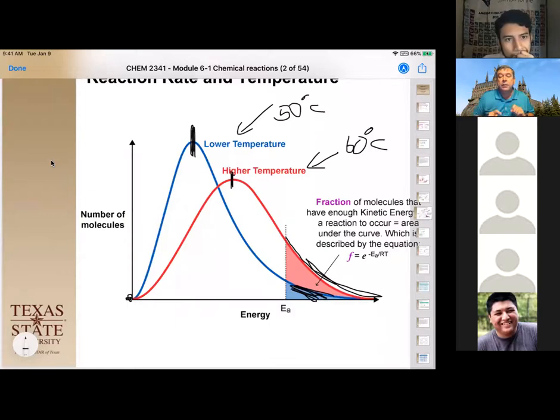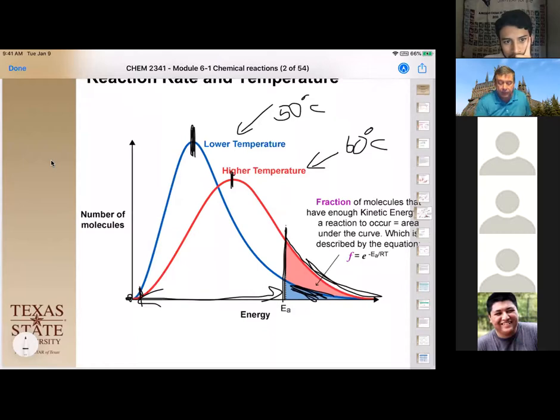Okay. So the next thing we have to think about is, well, where's my activation energy? So my activation energy can't be down here because the reaction would have just already been done. Okay, and so in this case, our activation energy is here. Okay, so that means in this first case at 50 degrees, 95% of our molecules don't have enough energy to make the reaction happen.